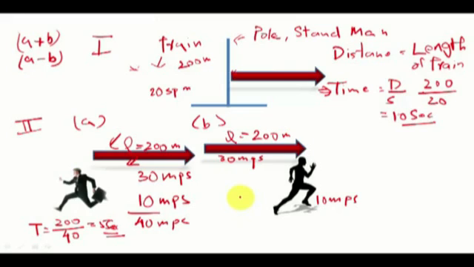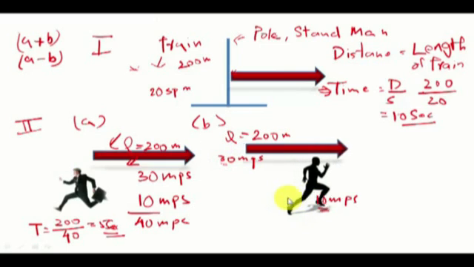No, I need to take relative speed as both the objects are moving. Shall I take a plus b or a minus b? Now as I can see, both are running in the same direction. Therefore, I should take a minus b. Okay. So what will be the relative speed? 30 minus 10 is 20 meter per second.